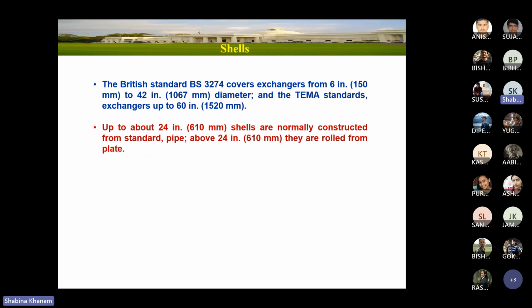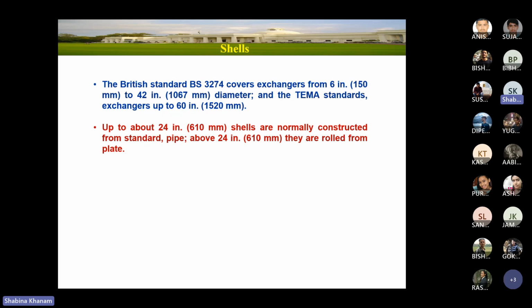However, up to 24 inches, shells are normally available. How? Because up to 24 inches you have the pipe. You can use pipe up to whatever length you decide in design, and then that pipe is used as a shell. There is no need to roll the metal sheet, weld it and then make a shell.